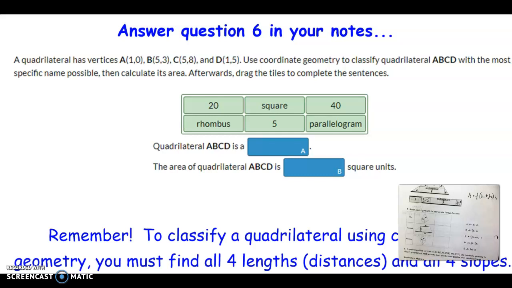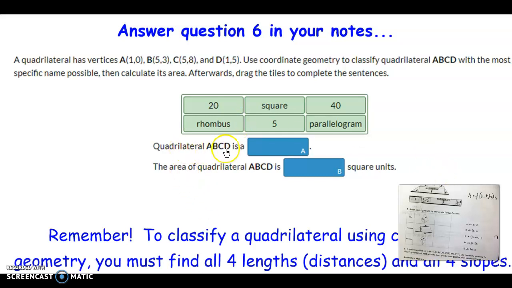So question 6 is really a review question. You're given the coordinates of the 4 points of a quadrilateral and asked to classify it with its most specific name. Remember, to classify a quadrilateral using its coordinates, you're going to use the coordinates to find all 4 lengths using the distance formula and all 4 slopes using change in y over change in x.